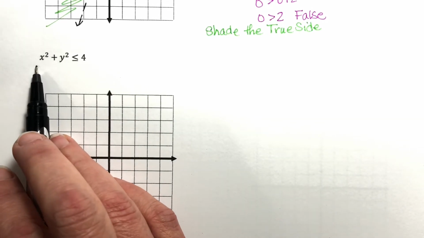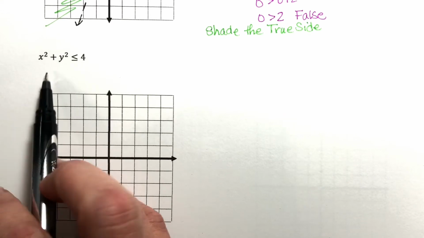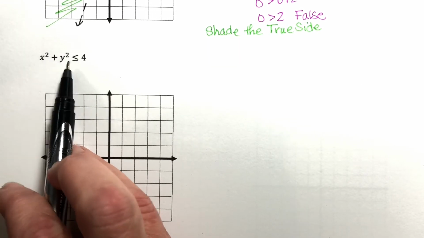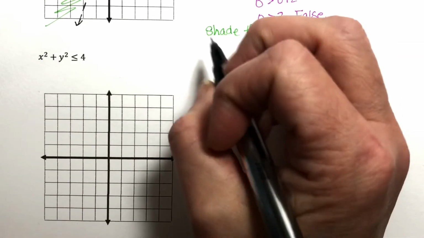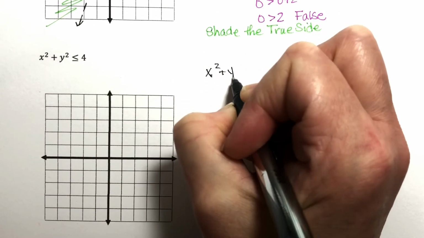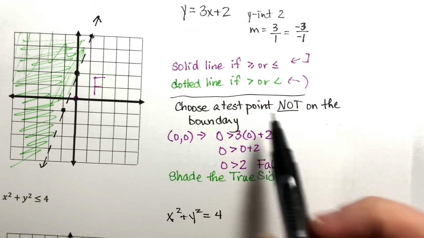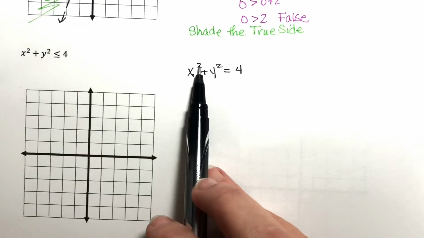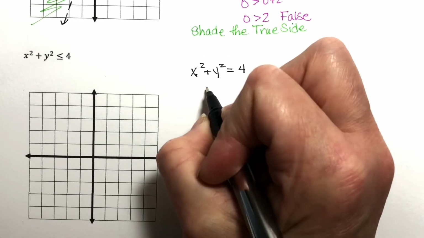This one is a non-linear inequality, and I know it's non-linear because I have exponents on my x and y. Now you should recognize the equation x squared plus y squared is equal to 4. We're following the same steps here. You change it to an equal sign, and we're going to graph this boundary. You should recognize this as a circle.